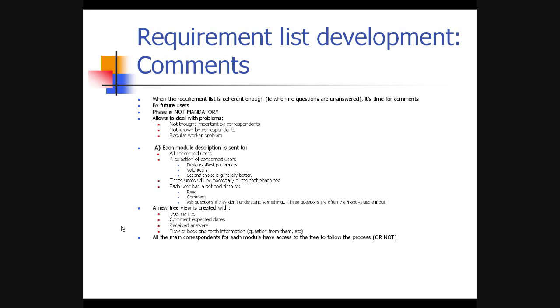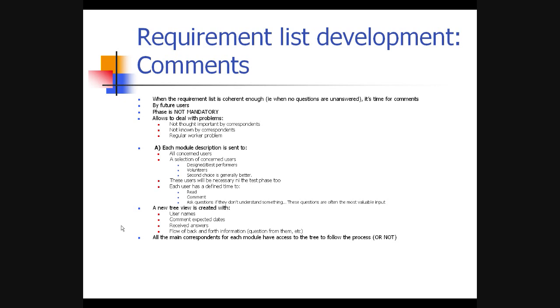All the main correspondents for each module have access to the tree to follow the process, or not. The "or not" is extremely important. You're going to deal with companies that have very different cultures. It can be because they're coming from a different country. It can be that they're just, well, historically very secretive. It can be many things.